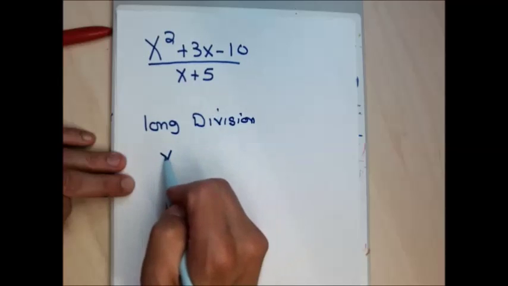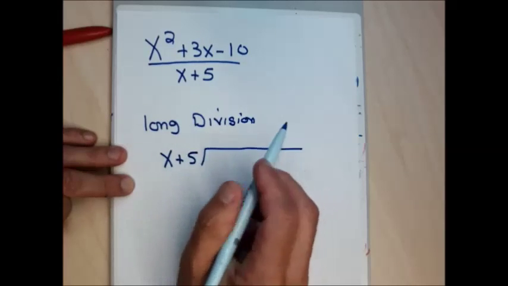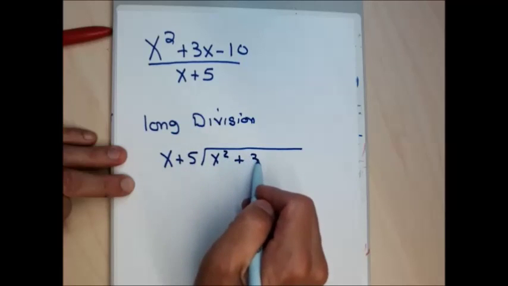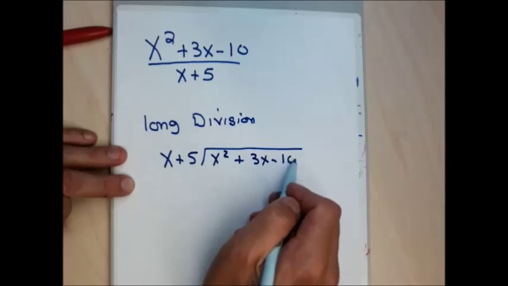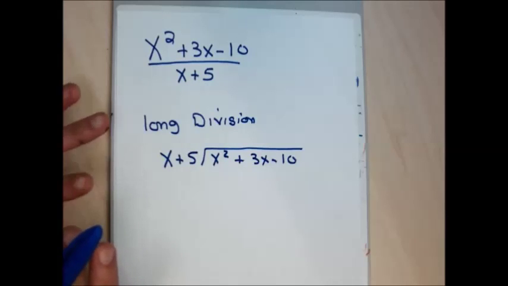To do this problem using long division, I have to set it up by putting the x plus 5 outside my division bar and the x squared plus 3x minus 10 under my division bar. And I'm going to go through this without doing any explanation because you're not responsible for it, but I just want to make the connection between long division with remainder of 0 and factoring.